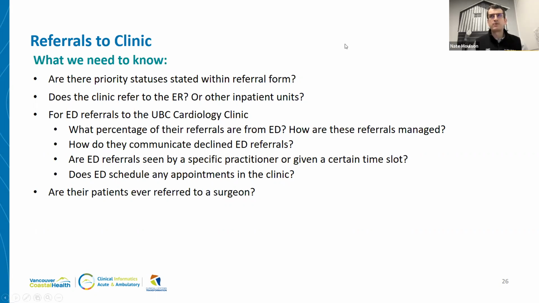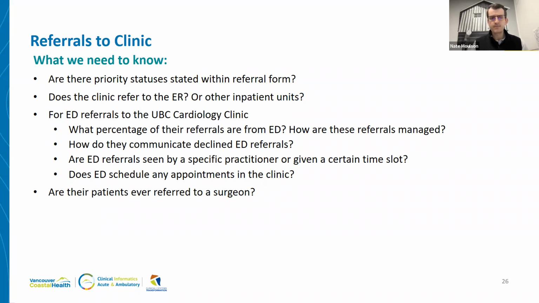A lot of our emerge referrals come to us from at least the UBC Hospital Emergency Department through a call, physician to physician, and then either they'll let Sonia know that this has been a referral, or I believe they'll just send a direct referral to us. So if I talk to the emergency physician, they'll just send a referral to me.